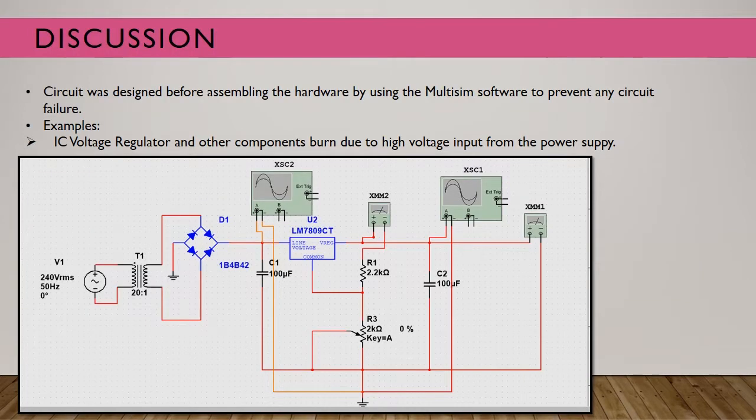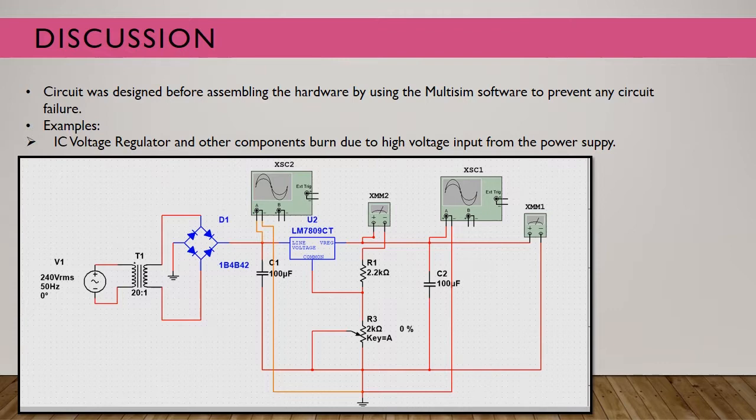Next, we are going to explain how we carry out the experiment. First of all, we design our circuit by using the Multisim software before assembling the hardware. This is to prevent any circuit failure, such as the IC voltage regulator and other components burning due to high voltage input from the power supply.